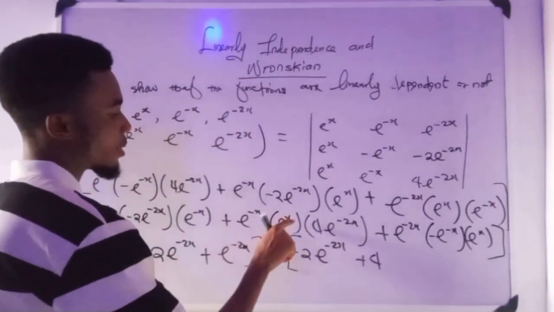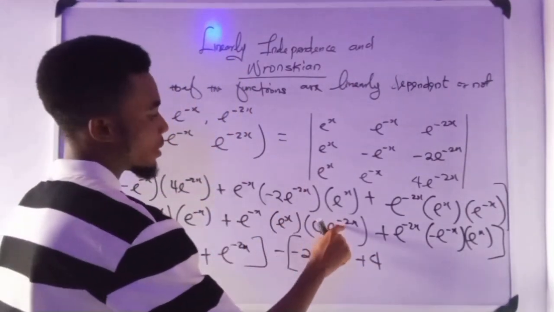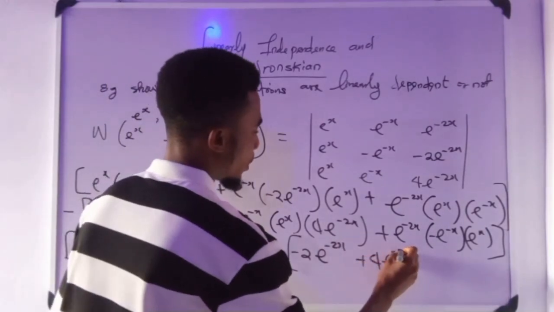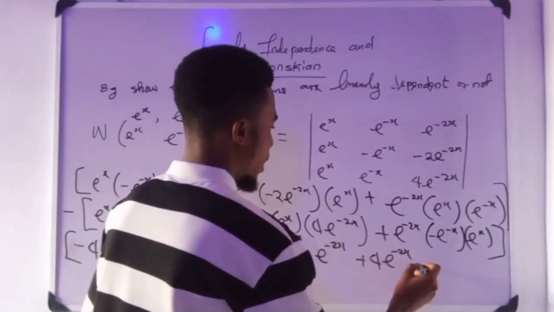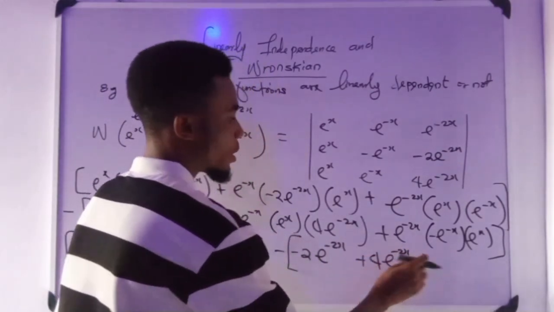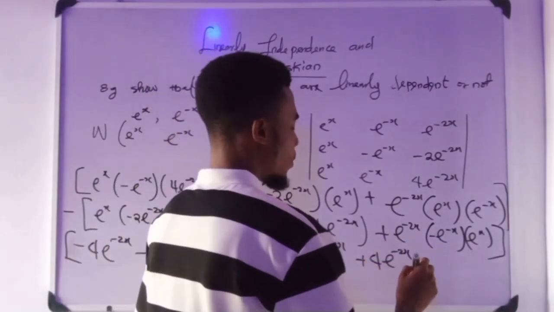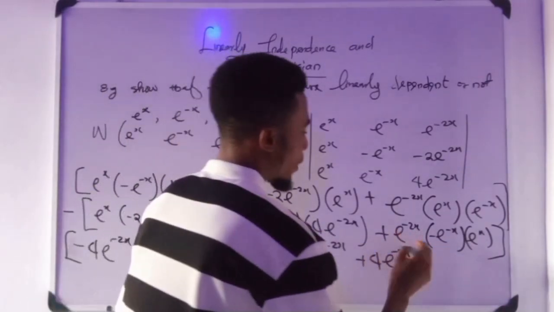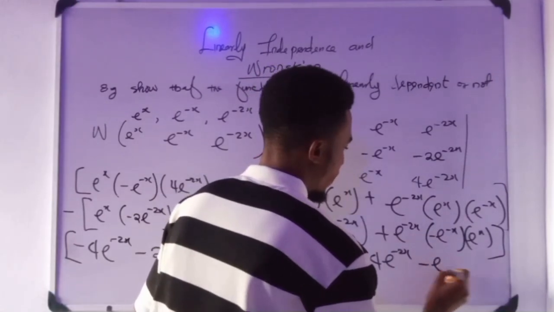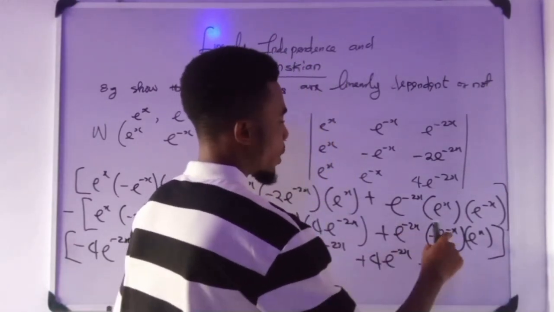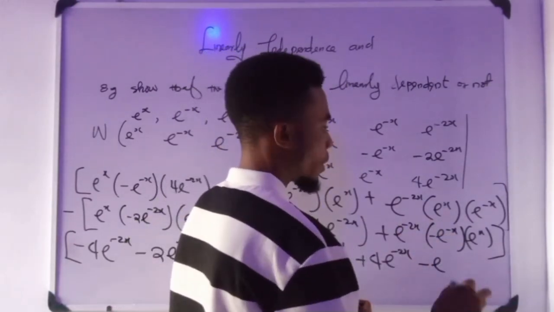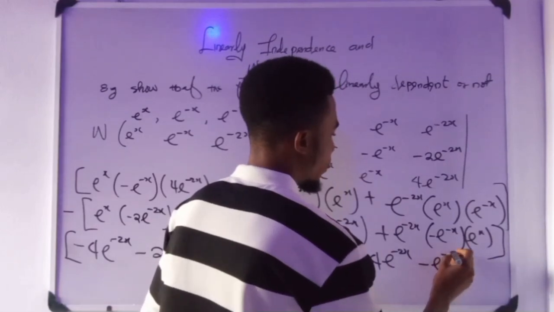Now, minus x plus x is gone, and I have only exponential minus 2x surviving. Now, because of this negative, this changes to negative now, and I have exponential of minus 2x minus x is minus 3x plus x is minus 2x.